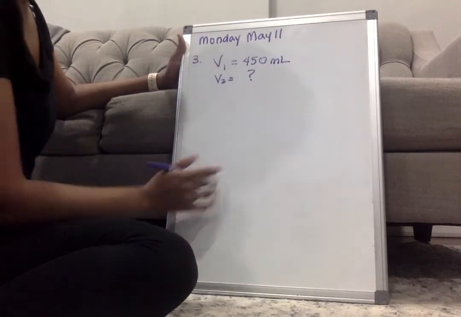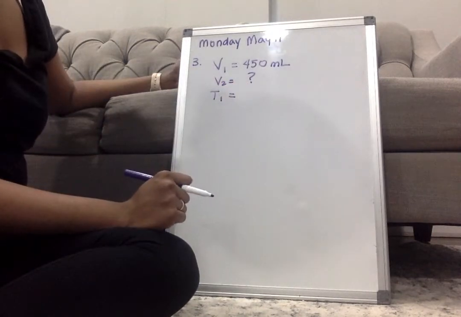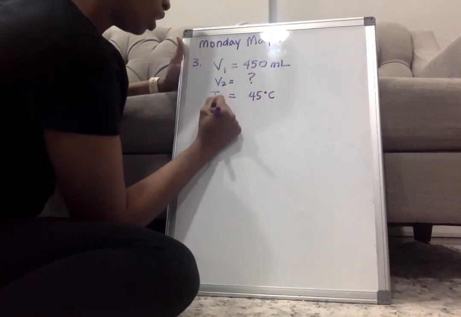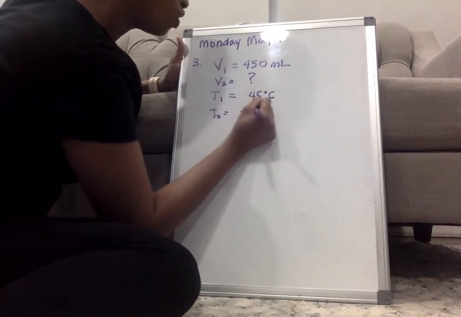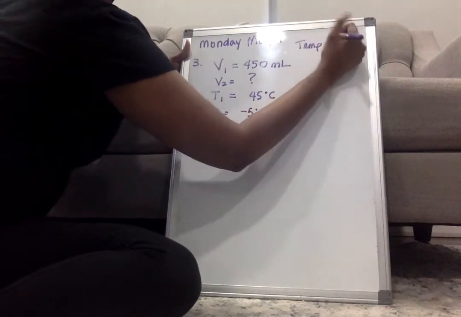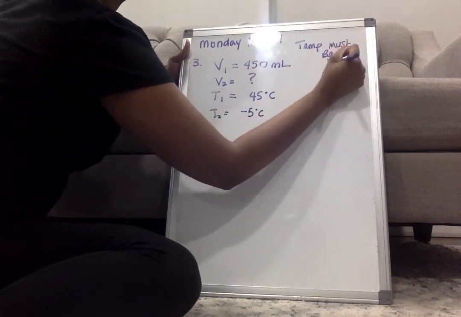And we know that T1, it says if it changed from 45 degrees Celsius, so that's 45 degrees Celsius, and then T2 will be -5 degrees Celsius. But remember, temperature must be in Kelvin.